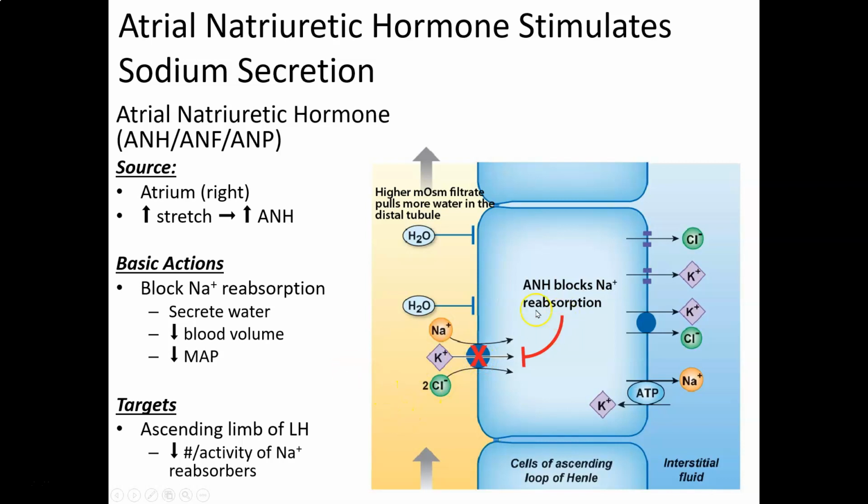So instead of pulling sodium back into the body, what happens is we leave it in the urine and it gets peed out. So that's called a natriuresis. So the target is the ascending limb of the loop of Henle, and it literally is the exact opposite of aldosterone. It decreases the number and or activity of the sodium reabsorbers.